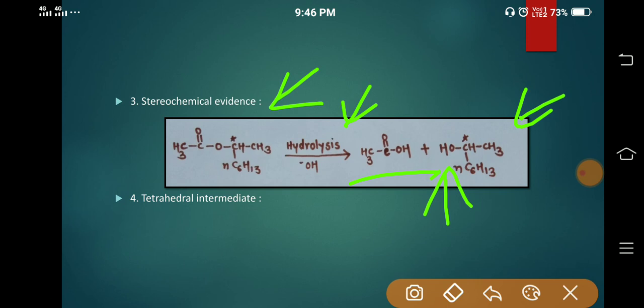Retention of configuration means the nucleophilic attack, or the addition of the nucleophile, takes place at the same carbon or the same face to which the leaving group was attached. So the bond broken is the acyl carbon to oxygen bond.